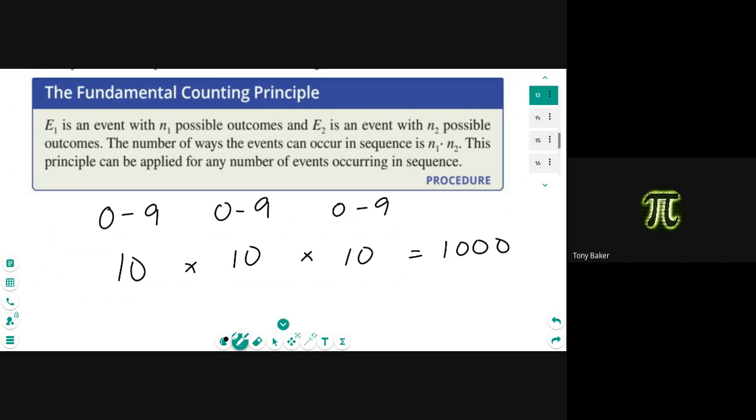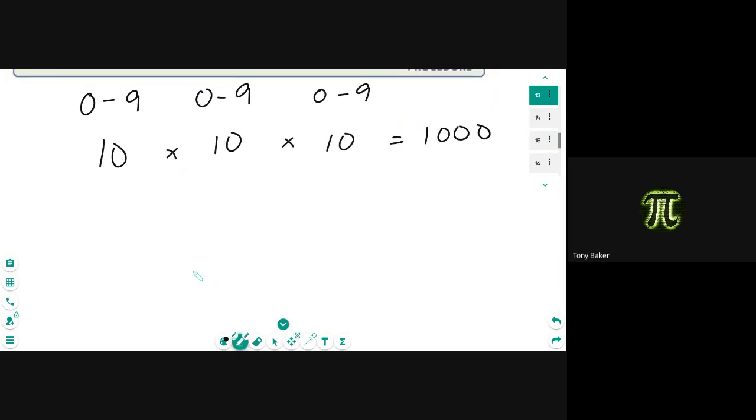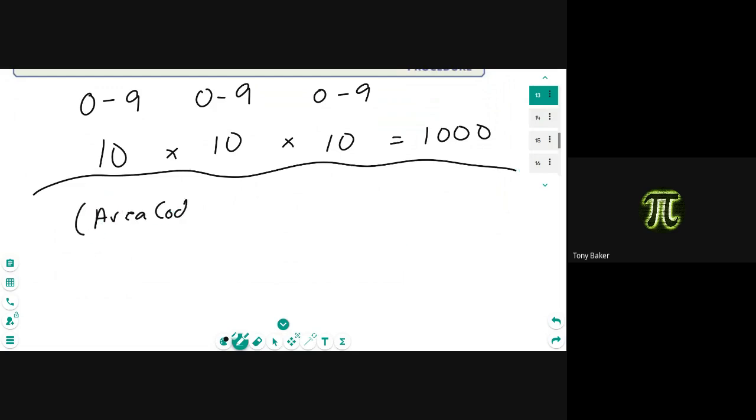Let's think about phone numbers. We're going to ignore the area code for right now because the area code is very specific. And actually, the next 3 digits are very specific too, but there's so many of them, it doesn't actually matter. So how many digits are in a phone number? We're ignoring the area code, so there's 7 numbers: 3 numbers and then 4 numbers.